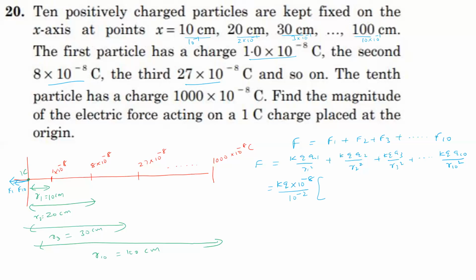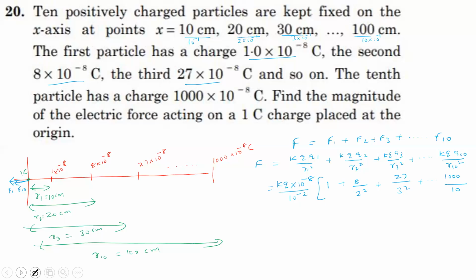So what remains is: Q1 is 1 × 10^-8, divided by 1 squared, plus Q2, which is 8 × 10^-8, divided by 2 squared, plus similarly Q3, which is 27 divided by 3 squared, plus so on, up to the 10th charge, 1000 divided by 10 squared.